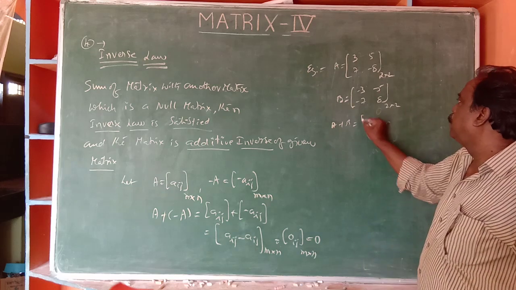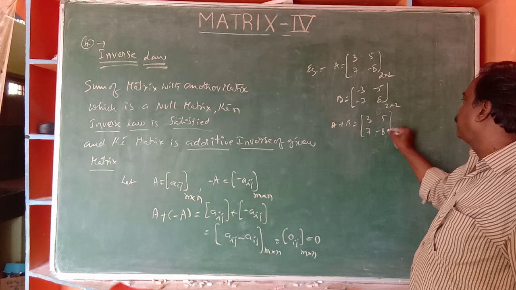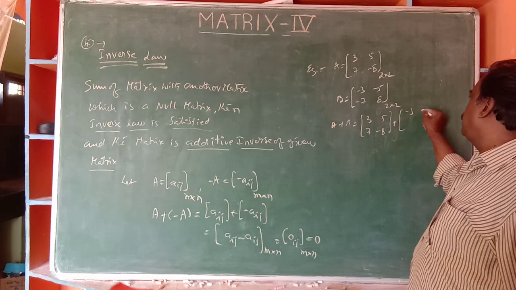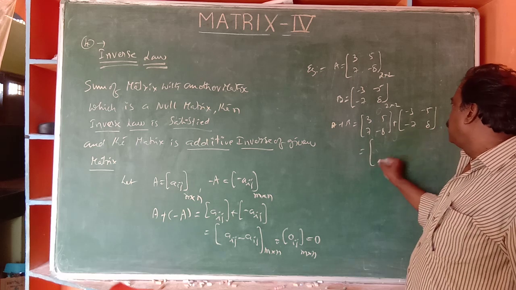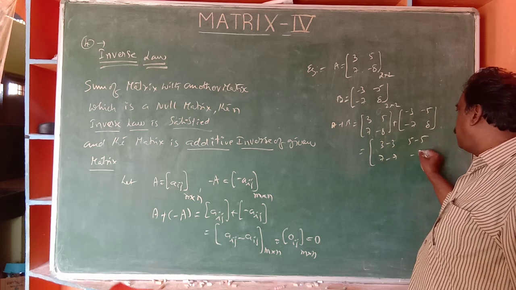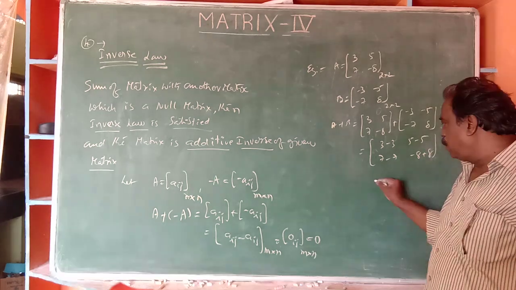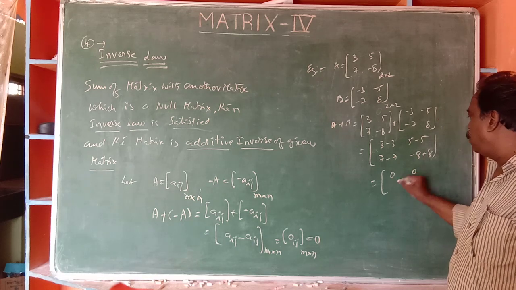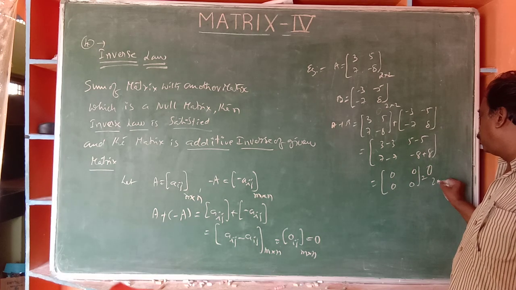You see there, this is 3, 5, 7, minus 8, and also minus 3, minus 5, minus 7, 8. It is 3 minus 3, 5 minus 5, 7 minus 7, minus 8 plus 8. It is 0, 0, 0, 0. It is a 2 by 2 matrix.